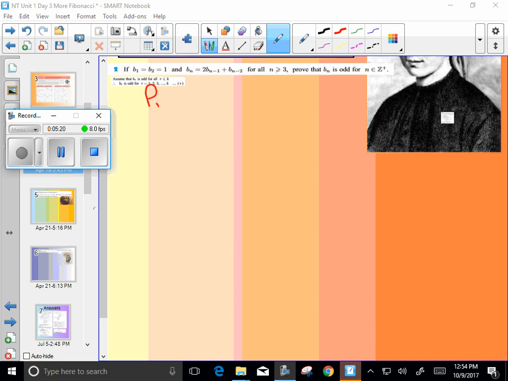They said P of n is that: B1 equals B2 equals 1. That's given. And Bn equals 2B(n minus 1) plus B(n minus 2) for n greater than or equal to 3.